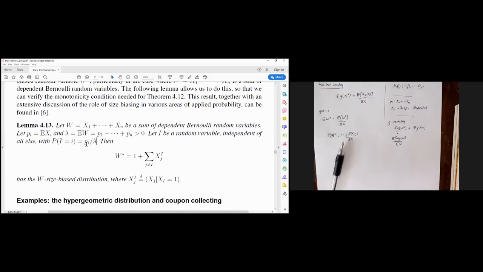So I choose one weighted according to its mean. I size bias it by replacing it with 1, and then replace all my other x_j's by x_j conditional on the ith, the thing that I've chosen, being 1.